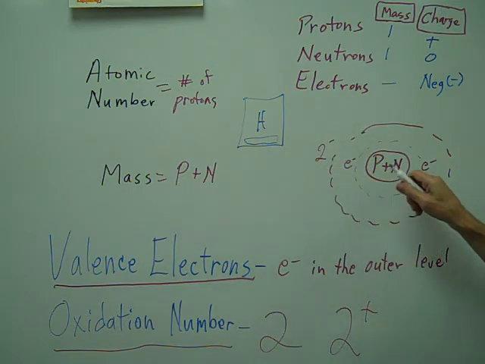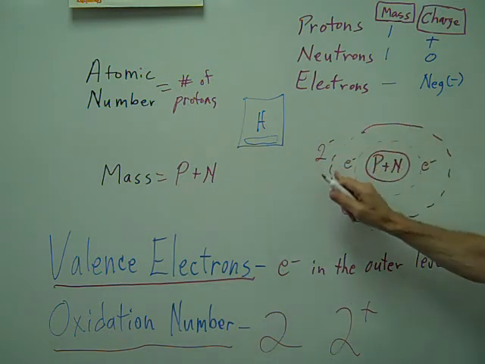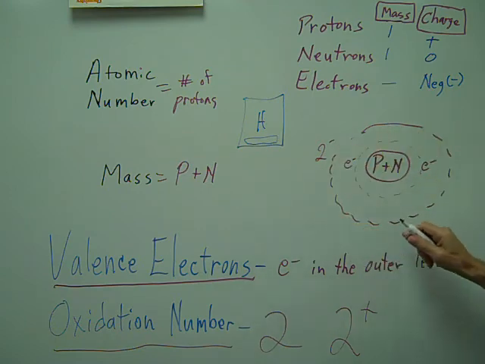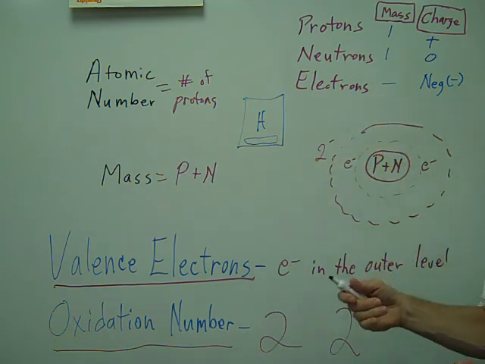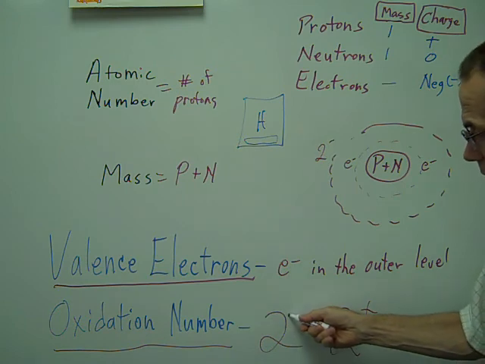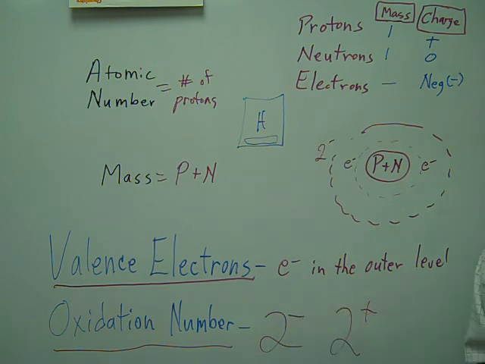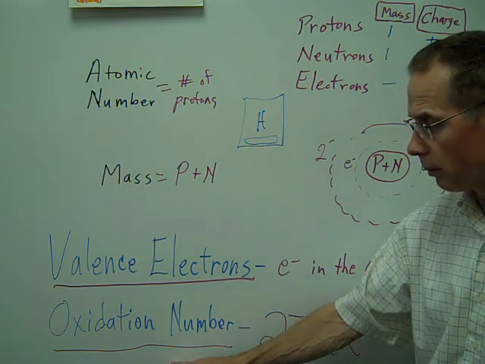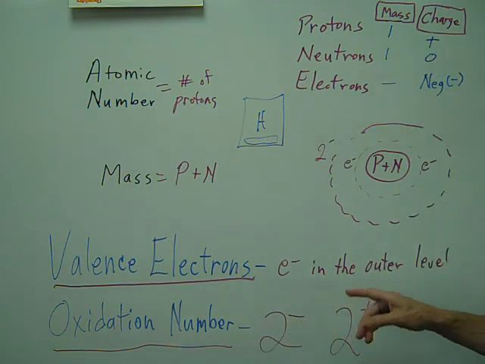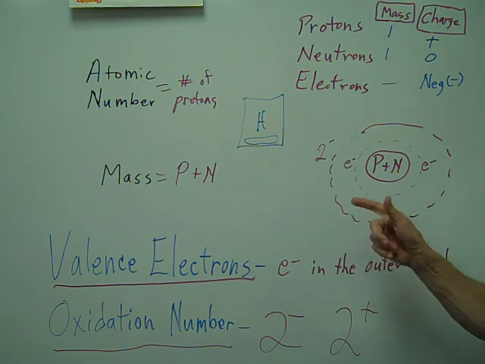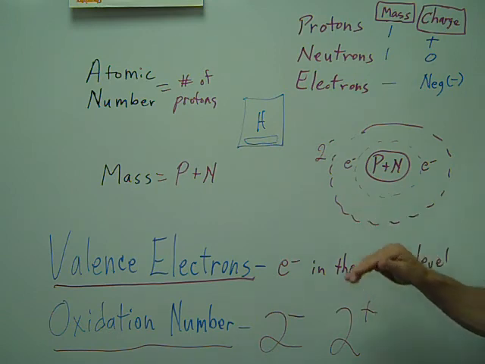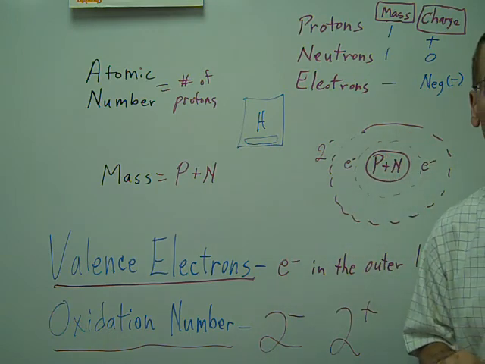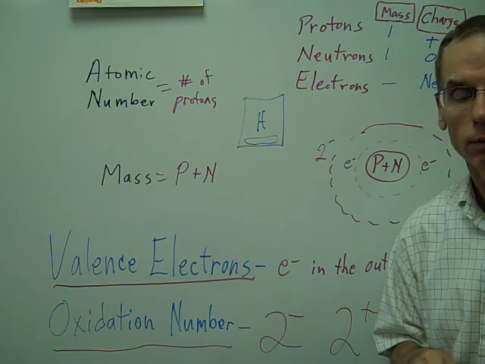In the first example, where oxygen gained 2 electrons to fill that outer shell, it actually gained 2 negative charges, so its oxidation number would be 2 minus. So simply put, the oxidation number is the number of electrons that an element will gain or lose to have a full outermost shell of electrons.